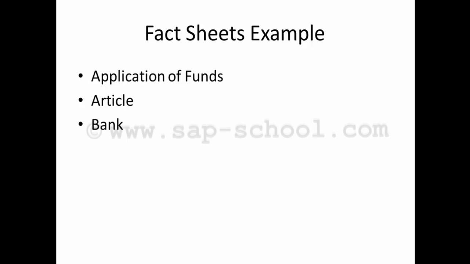So the key facts which we can use in this fact sheet are the key data prominently displayed in the fact sheets. The application of funds fact sheet shows the key facts like general administrative information, general details about the master data object like funds, and then the accounting and controlling documents posted to this document.